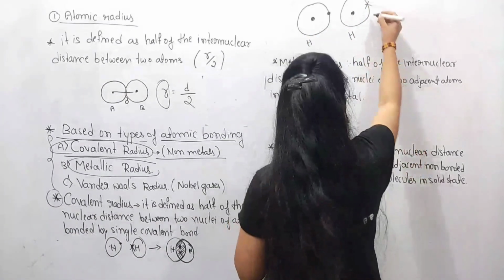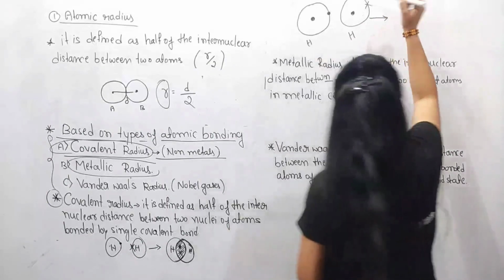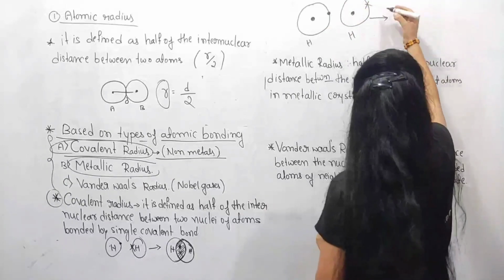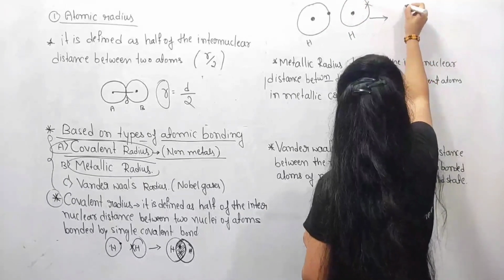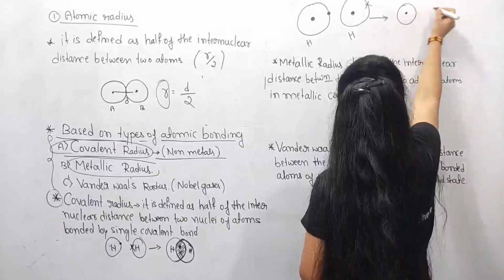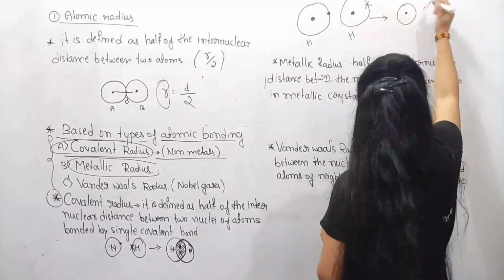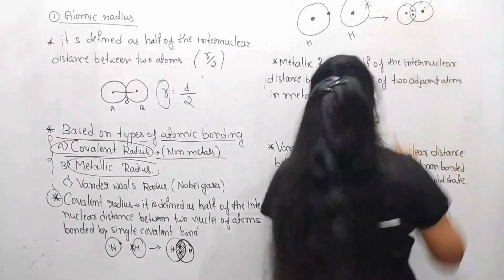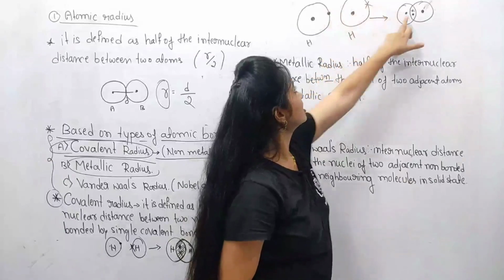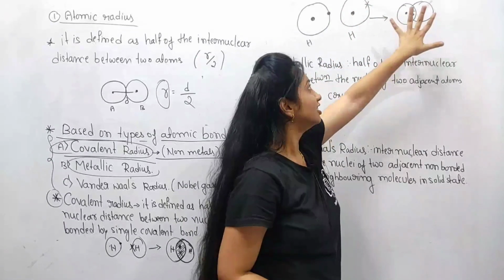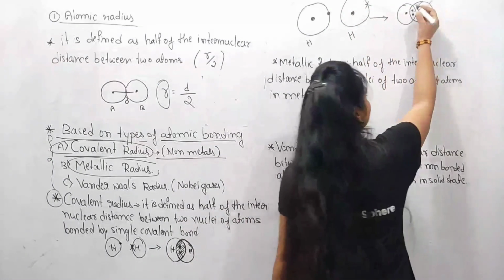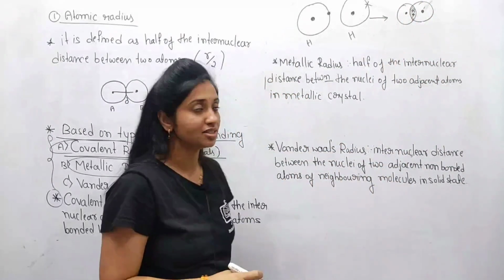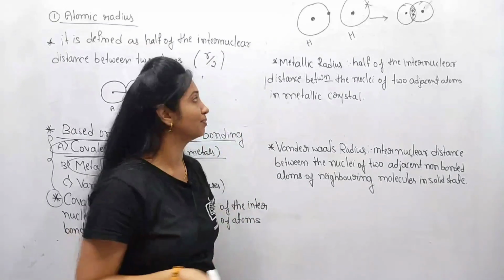And how will the covalent bond take place here? These hydrogens share the electrons with each other like this. So these electrons are shared in between the two atoms. By overlapping of atoms and by sharing of electrons, the covalent bond will be formed.